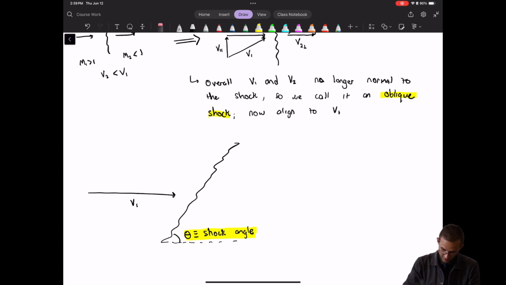We have our velocity that is parallel to the shock, so it's in this direction. And then we have a velocity that is perpendicular to the shock in that direction, and we call that V1 perp. And then this is V parallel.